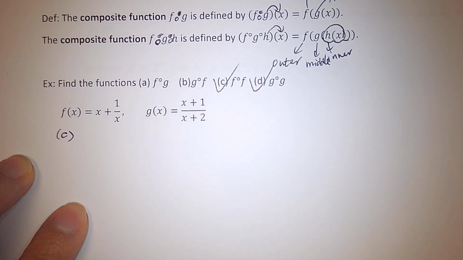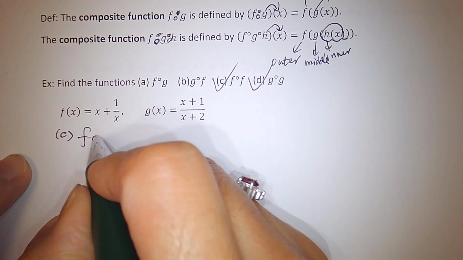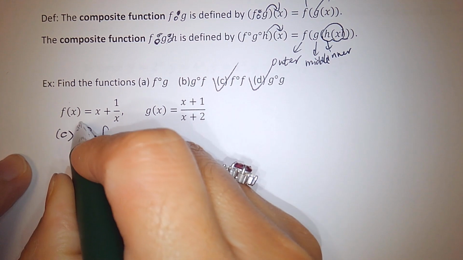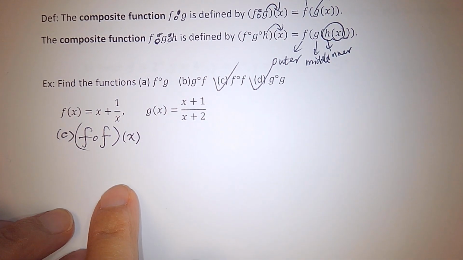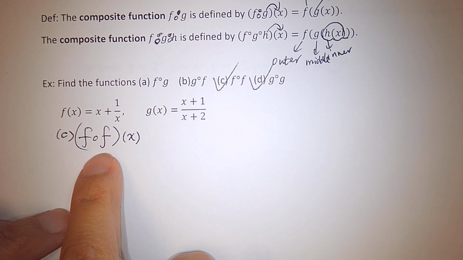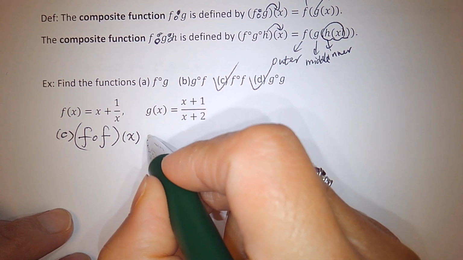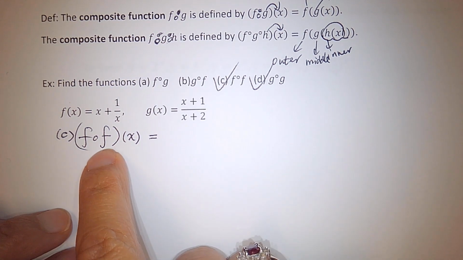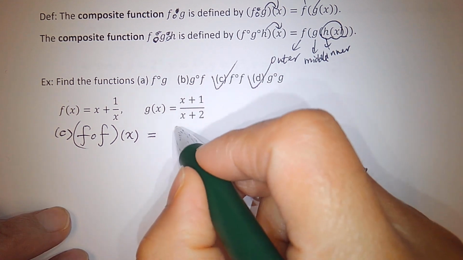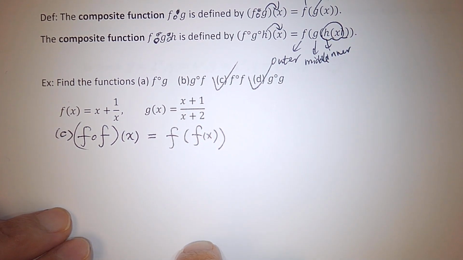Question C. Find f composite f of variable x. f composite f of x. According to the definition of the composite function, which function is the inner one? f. So f of f of x. Right?